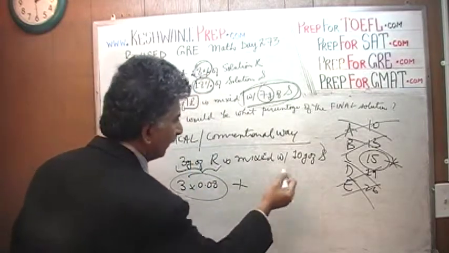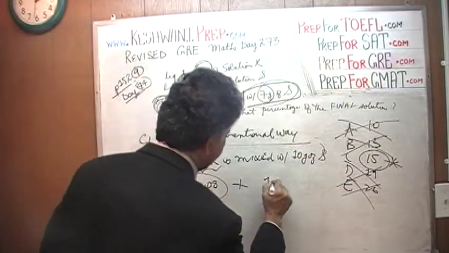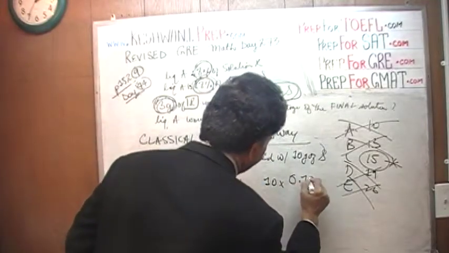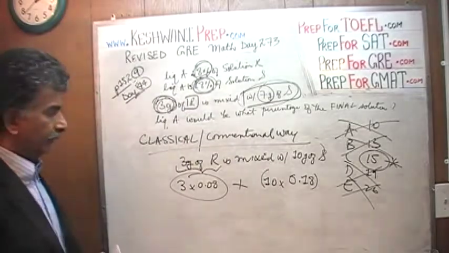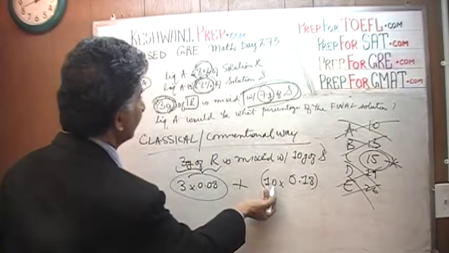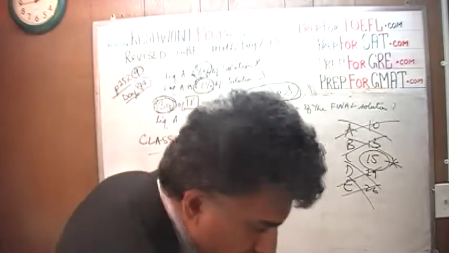Similarly, we're going to mix it with the other one, which is 18%. And altogether, we have 3 grams here, not 10 grams, it should be 7 grams.